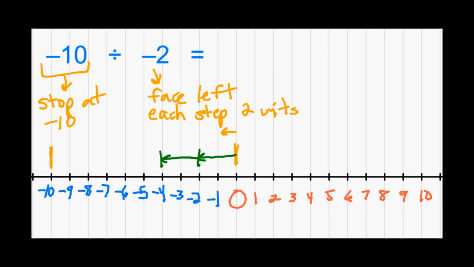Another 2, there's our second step. There's our third step. Remember, we're walking forward this time. Our fourth step and our fifth step. Since we're facing forward and walking forward, we're facing toward -10 here. That means we are walking forward as a positive, and we took 5 steps. So we can say that with our number line, -10 divided by -2 is +5.